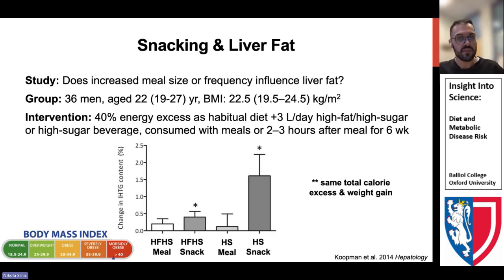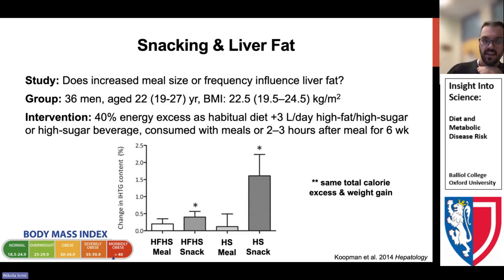Interestingly, there was a really big difference in what happened to their liver fat accumulation. Although they were eating the same amount of total calories, and although their body weight was the same, and the composition of their diet and the composition of the drink was the same, comparing the high fat, high sugar to the high sugar, if this drink was consumed as a snack, so in between meals, this led to a significantly greater increase in liver fat than if the drink was consumed just with the meal.